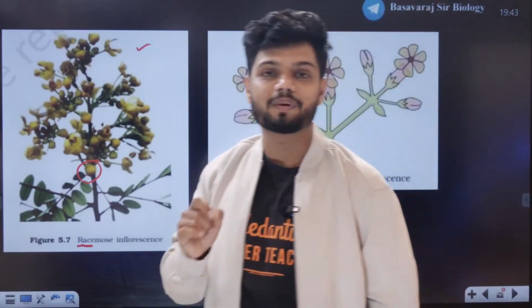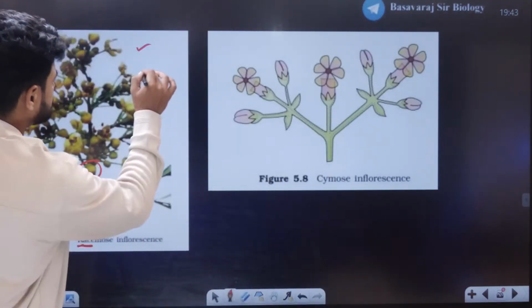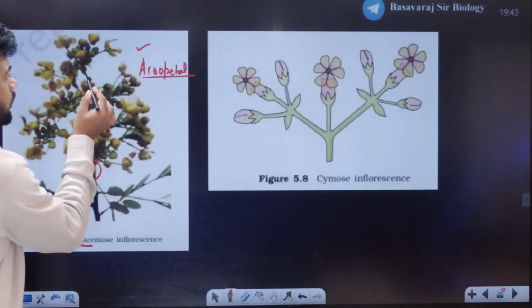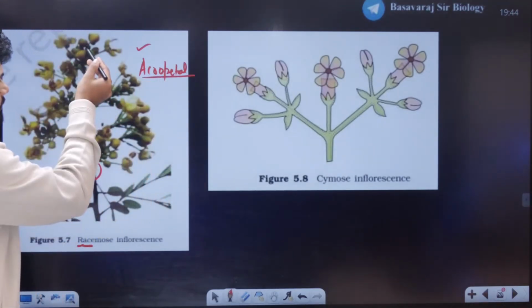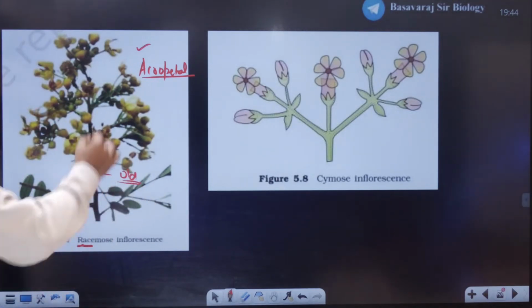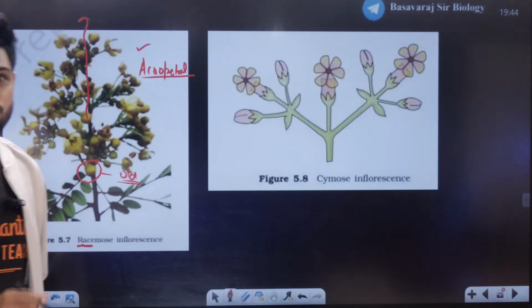Such an arrangement is called acropetal succession, acropetal arrangement. Older flowers at the bottom. This will keep on growing. There is no terminal flower.